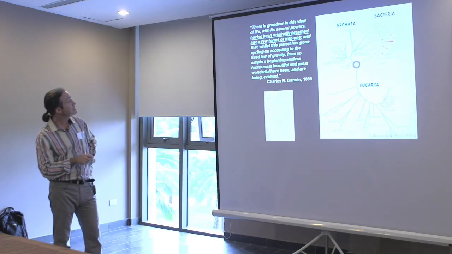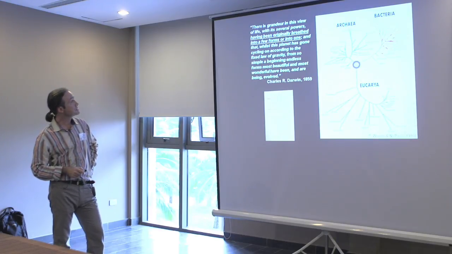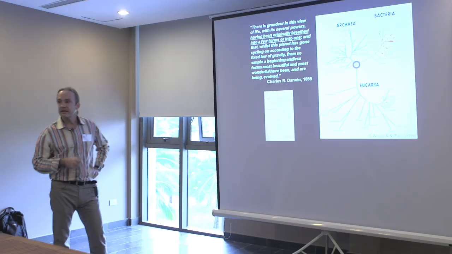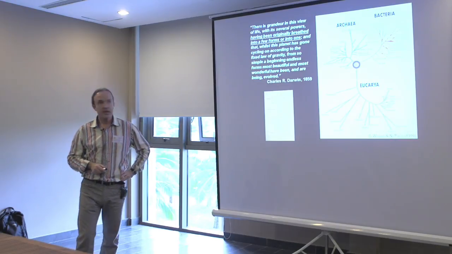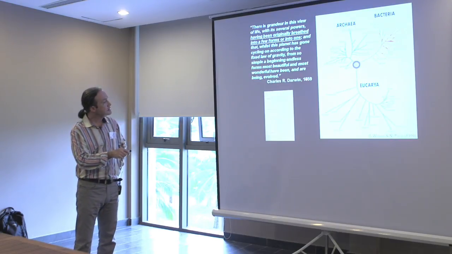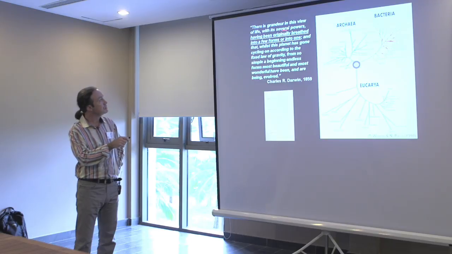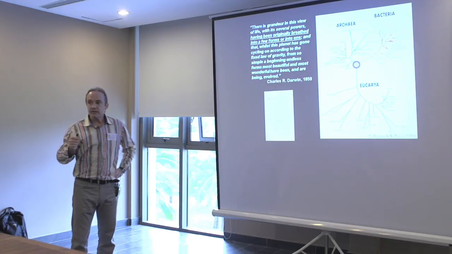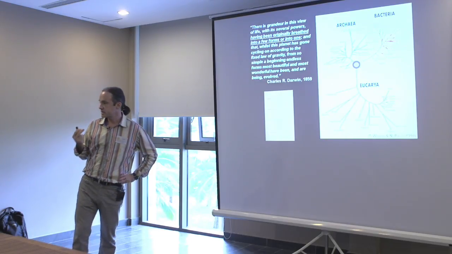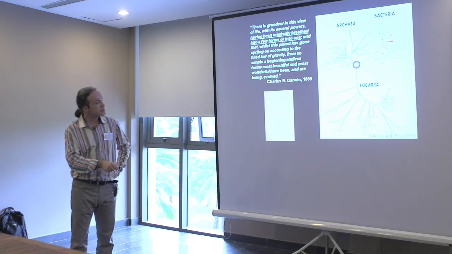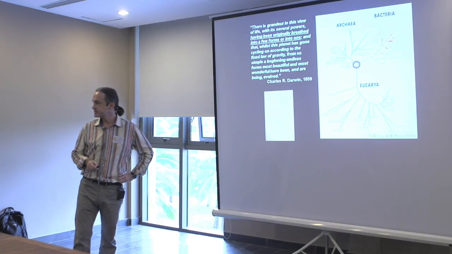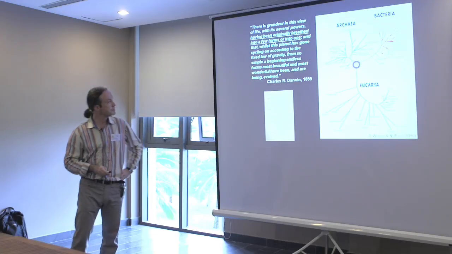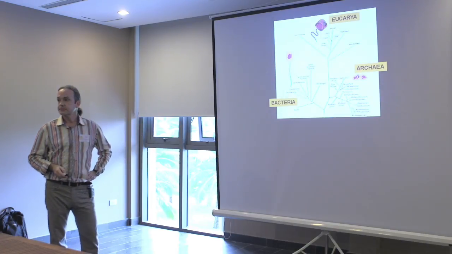He says, there is grandeur in this view of life, with its several powers, having been originally breathed into a few forms or into one, and then evolved. So, in 1859, he was able to imagine that all life has evolved from a common ancestor. 130 years later, it was proven that was the case. So, chapeau, Mr. Darwin.